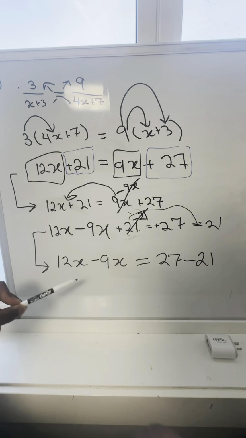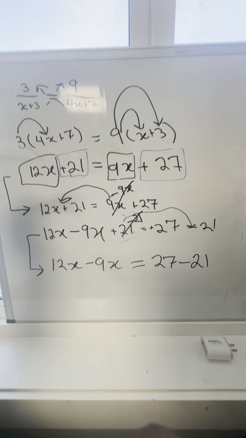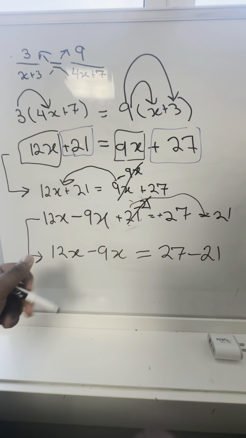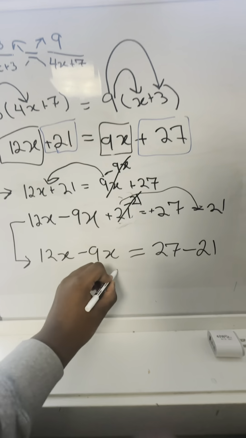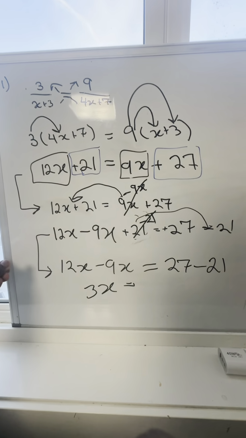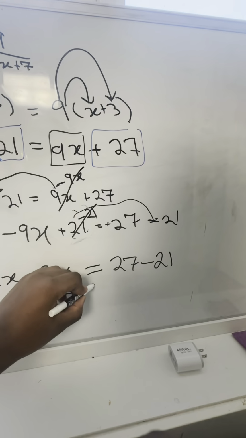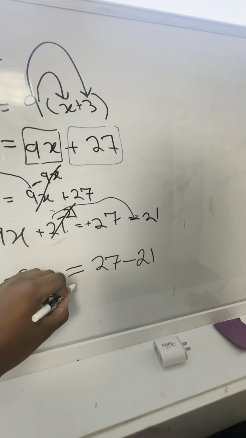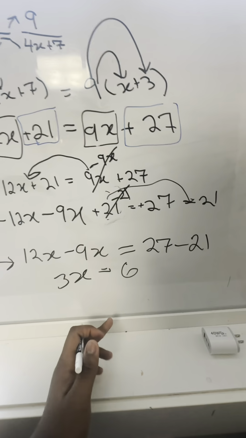So we're left with 12x minus 9x equals 27 minus 21. So 12 minus 9 is 3x, right? Because if they're alike, you can always add or subtract them. And then 27 minus 21 is 6. So we're at 3x equals 6.